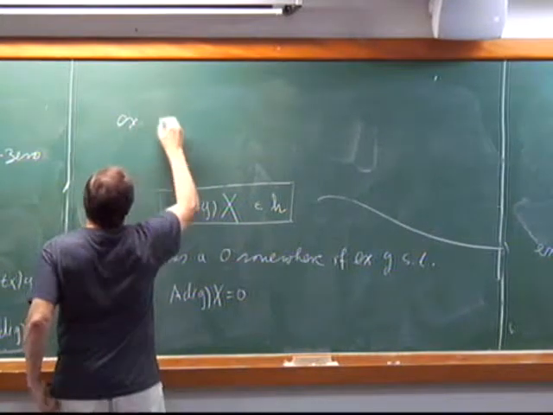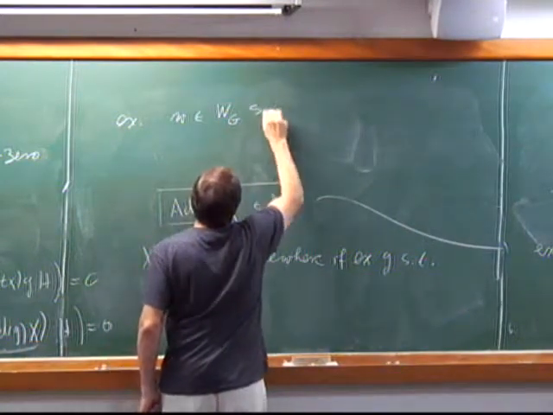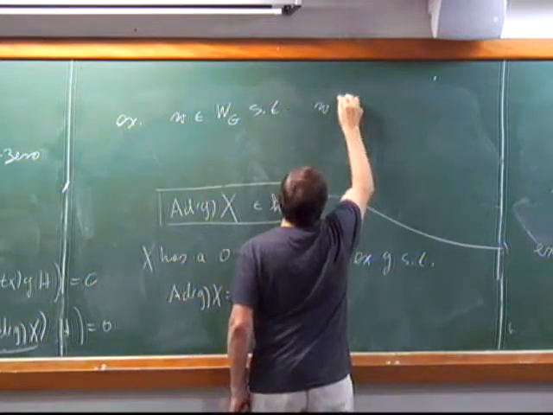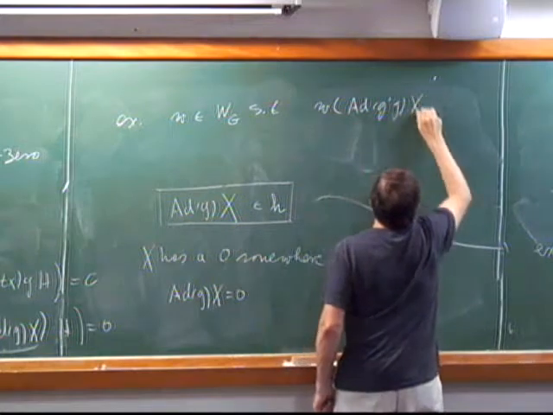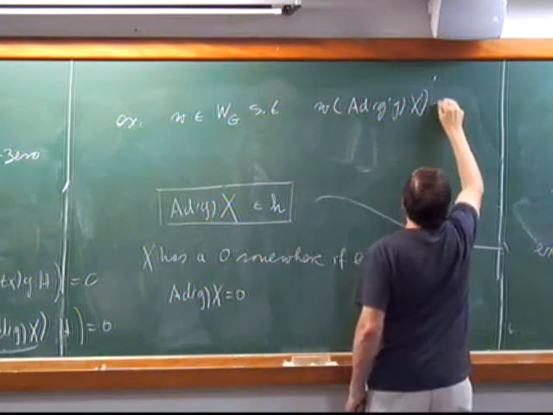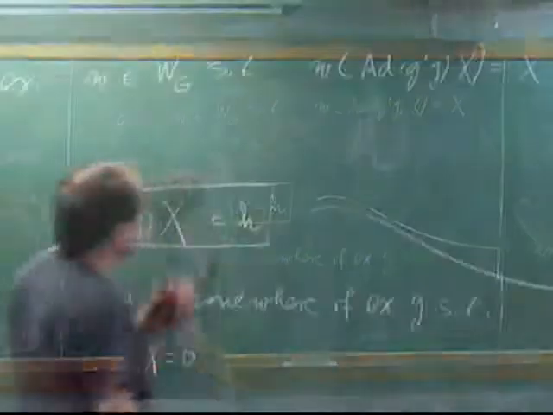So hence there exists omega in the Weyl group of G such that omega of Ad g prime X is equal to X. And I want to avoid that.